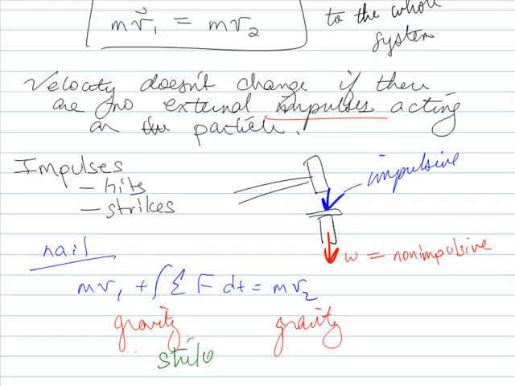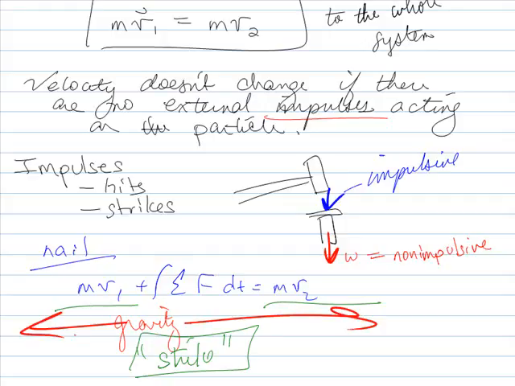The strike just happens right in the middle, between when we measure before and after, whereas gravity happens the whole time. Gravity is this little constant throughout the system. Gravity goes this way and this way.